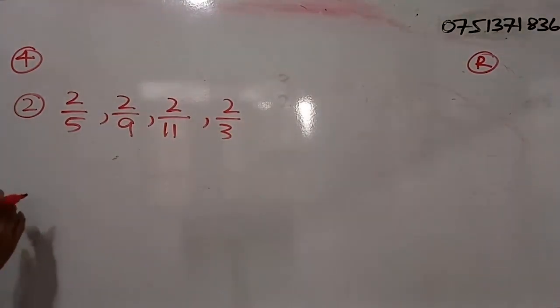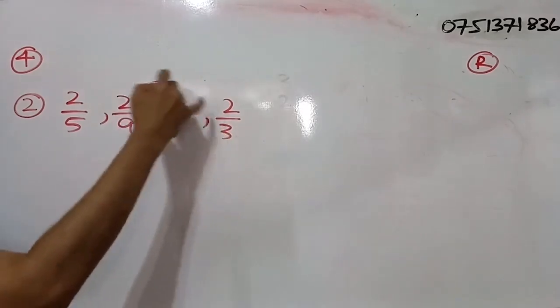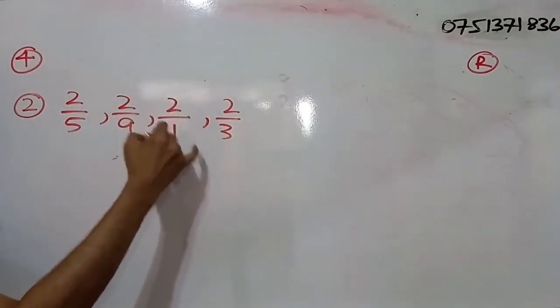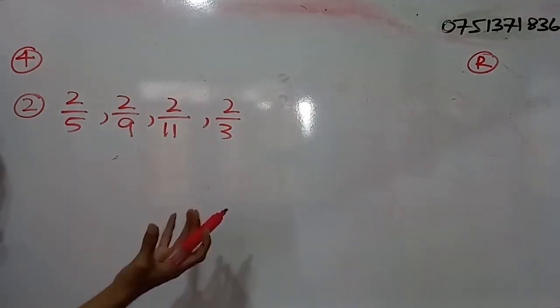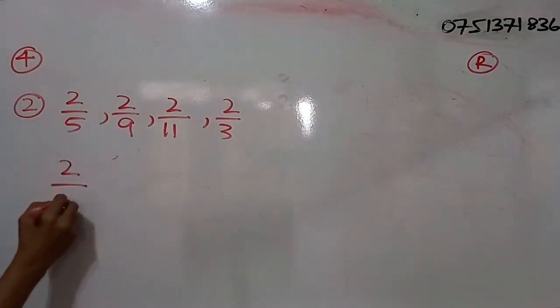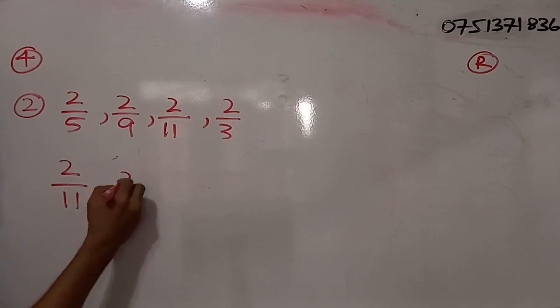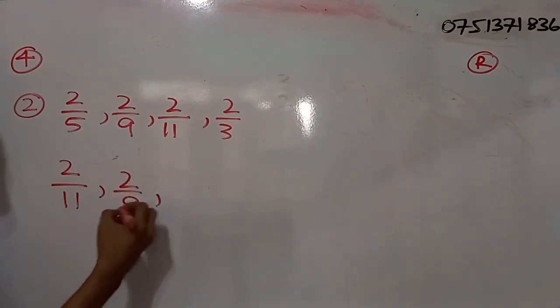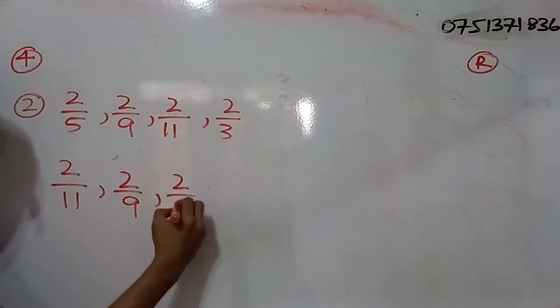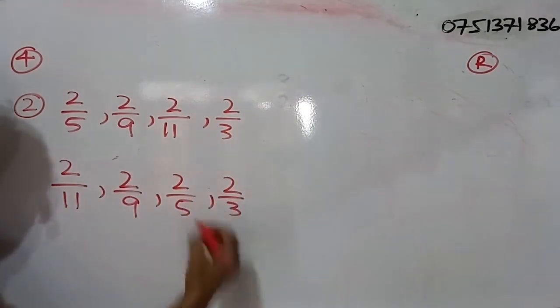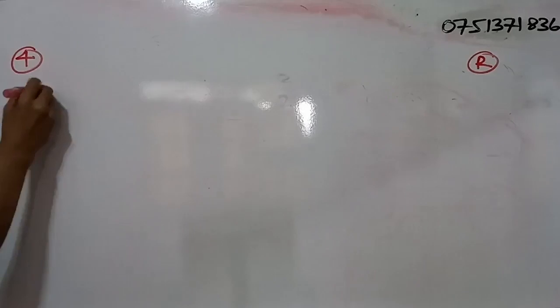Just as before, here 2 by 11 and the denominator is 11, no? So that is the largest number. So in fractions, that is the smallest fraction, 2 by 11. Then 2 by 9, then 2 by 5, then we have 2 by 3.